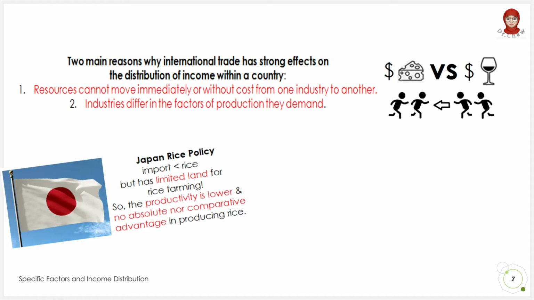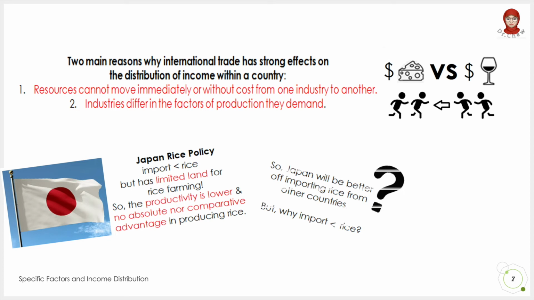Logically, when you have limited resources in producing certain goods, it would be better to import rather than produce by yourself. However, this is not the case in Japan, which has limited land and the cost of their rice is also higher than the imported one. Yet the country still limits the quantity of rice being imported.